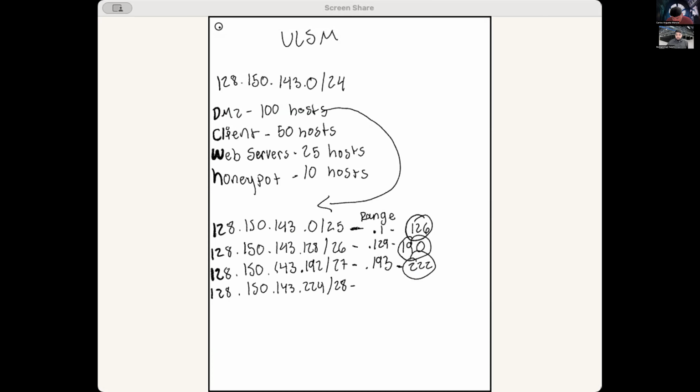The usable range is .225 to .238, because the network would change at 240. And with that, that is VLSM.